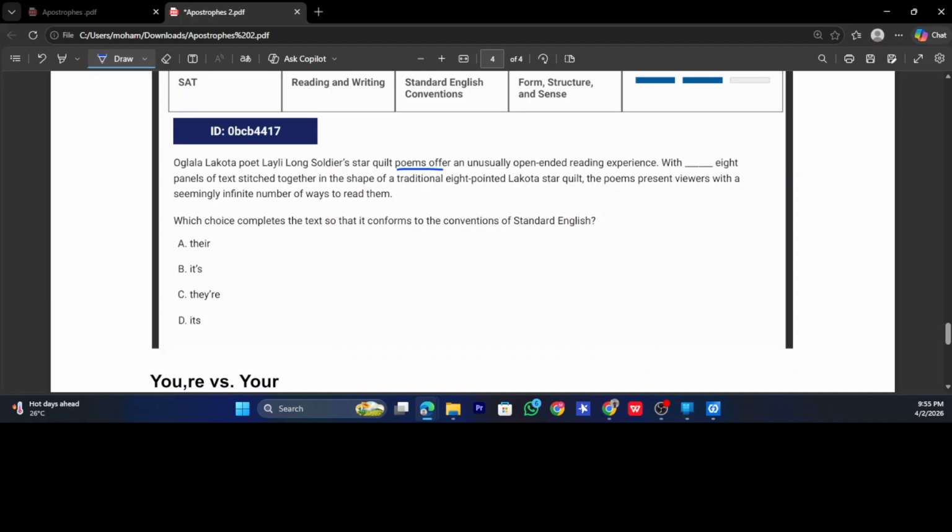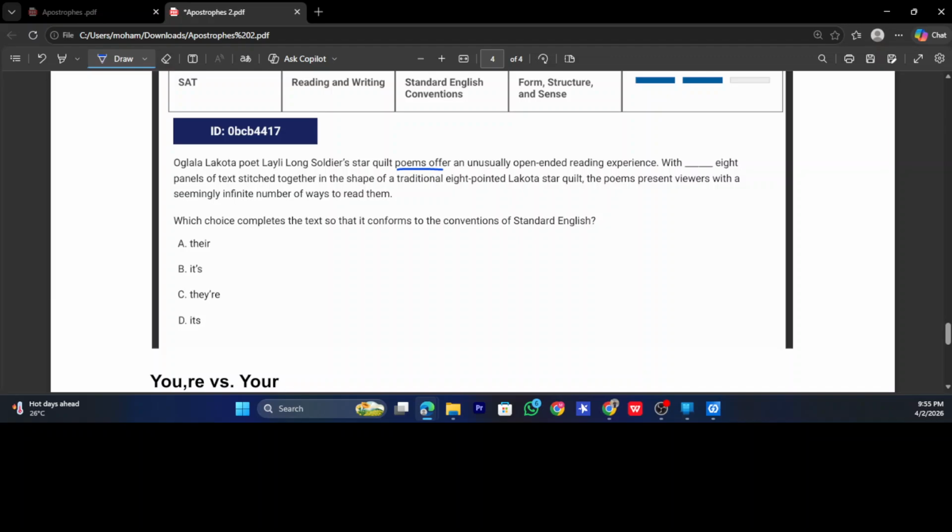In the exam hall, you don't look outside. You just look at what it belongs to, whether it is plural or singular, and try to solve.